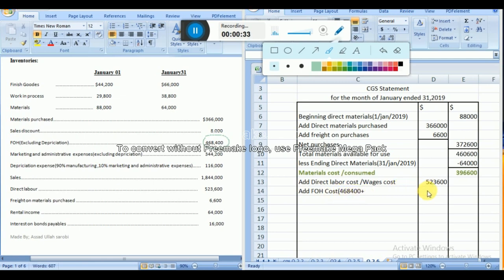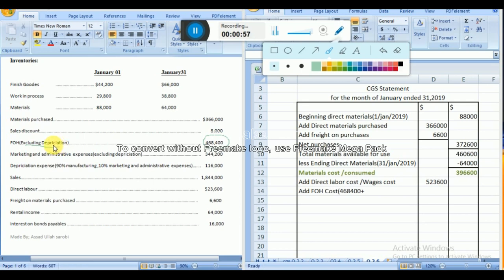I do not write this in the column. Why? Because some amount is missed, not included in the factory overhead, and that amount is the depreciation. Depreciation of the factory is what? That is factory overhead cost, indirect cost.